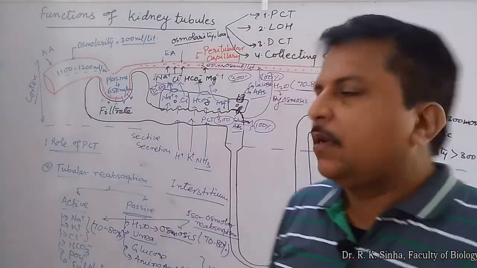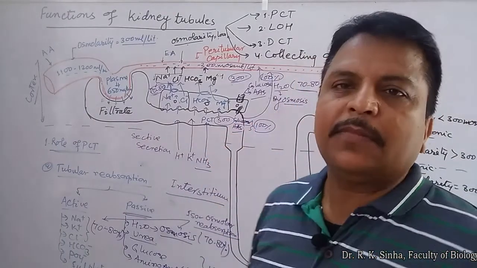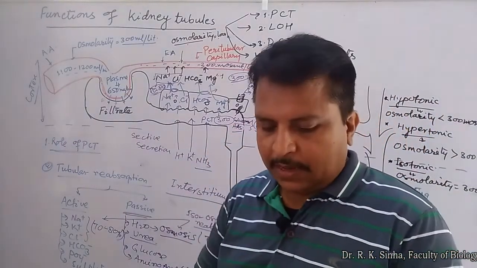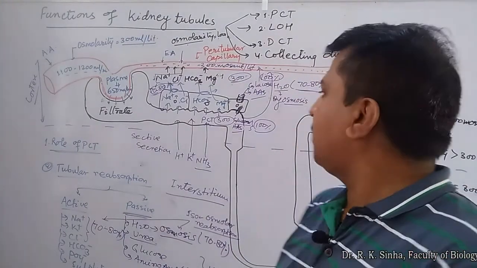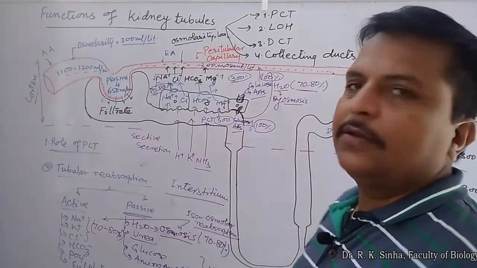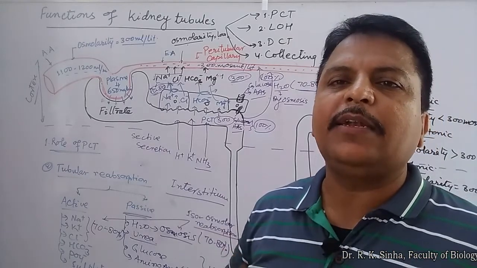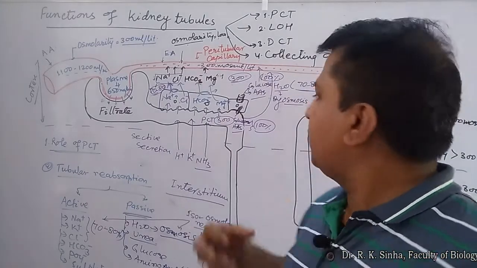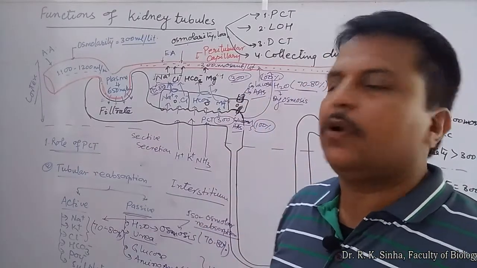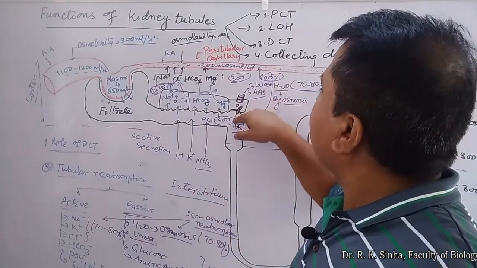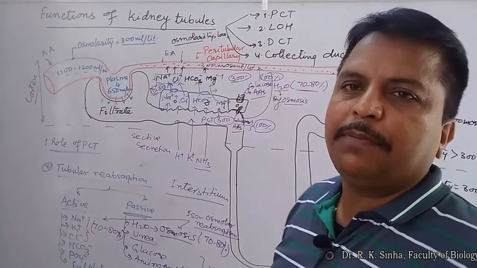But we can see there is high threshold reabsorption, meaning these two are essential organic nutrients. These two are again reabsorbed from the PCT into the peritubular capillaries.